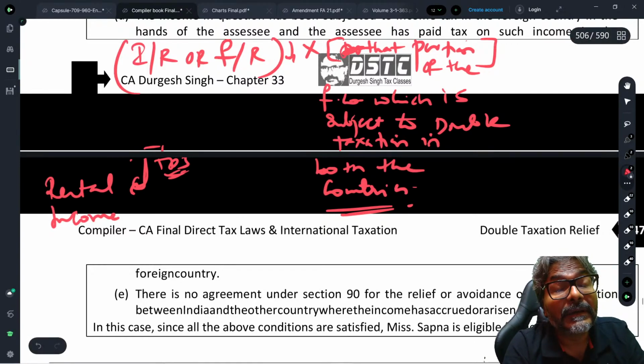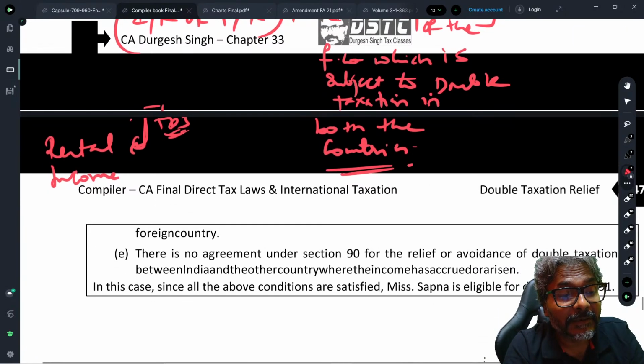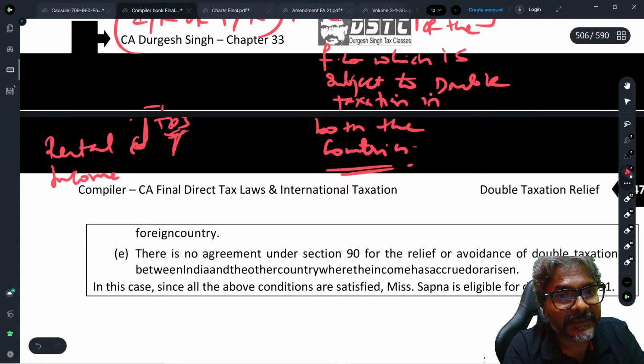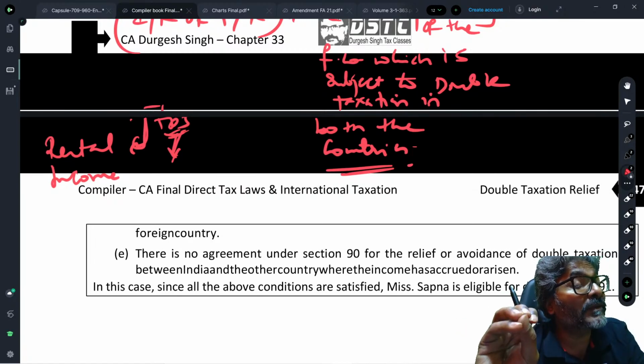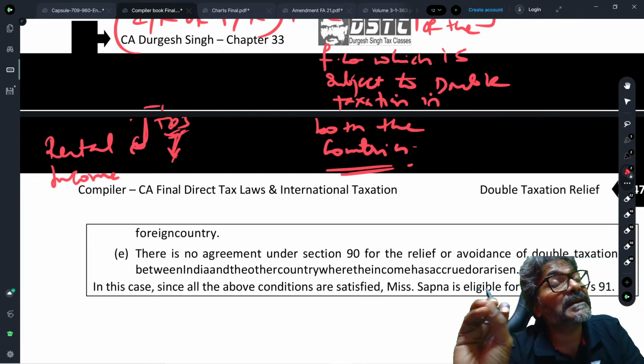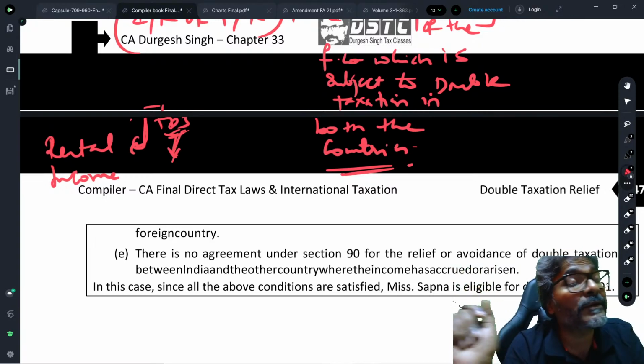The rental income which has been earned in the foreign country, on that the TDS is deducted. Now it is on the rental income, which means that it is on gross basis that the tax has been deducted in the foreign country.